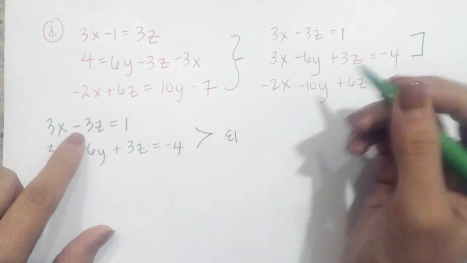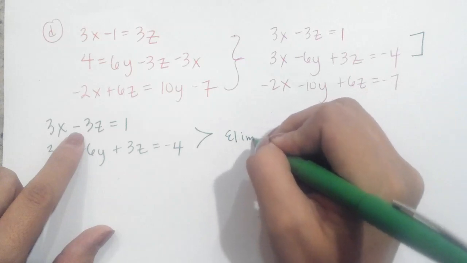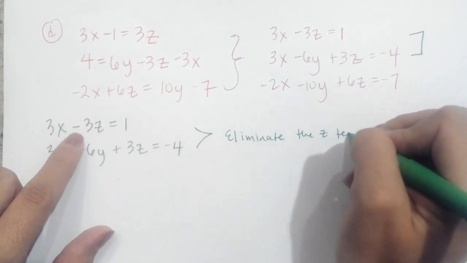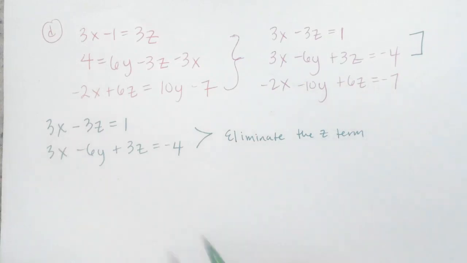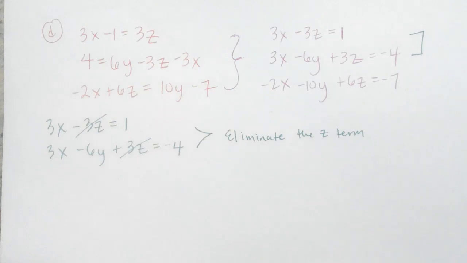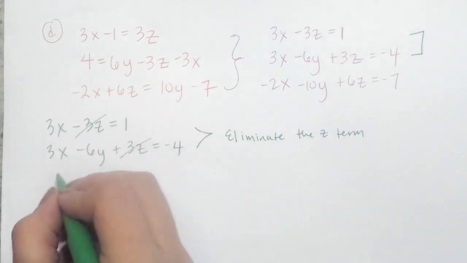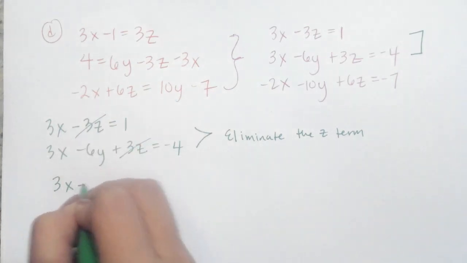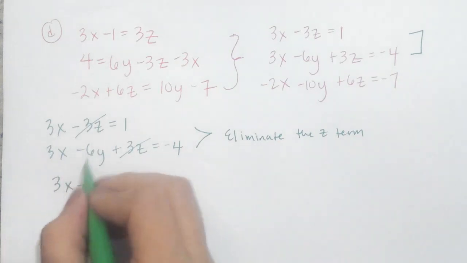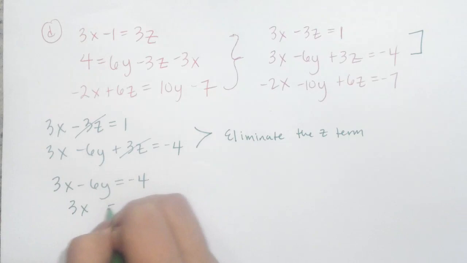I'm going to eliminate the z term. So these will automatically cancel out, negative, positive. So then you're just left with 3x minus 6y equals negative 4. I'm going to rewrite. And then 3x equals 1.